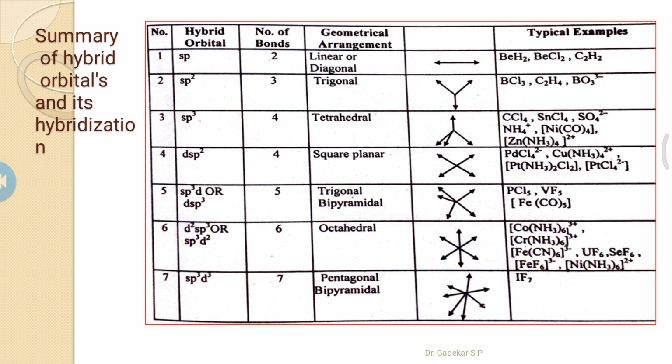Similarly, sp3d3 hybrid orbitals are involved. At that time, sp3d3 hybridization forms. It involves 7 bonds to form a pentagonal bipyramidal geometrical arrangement.